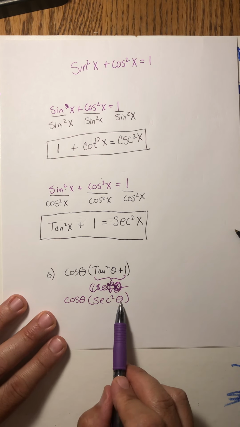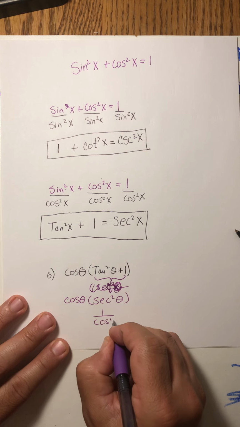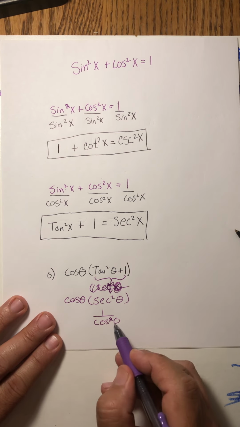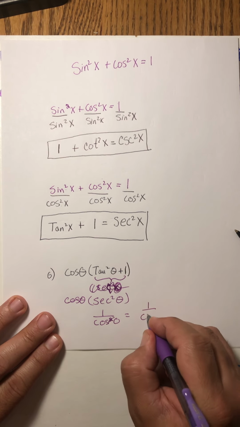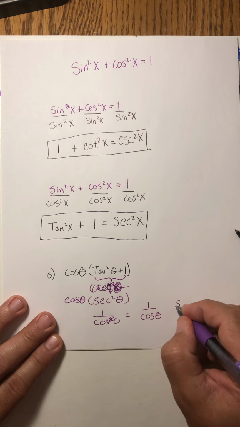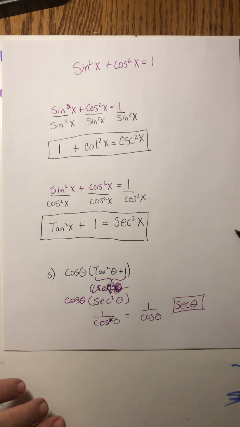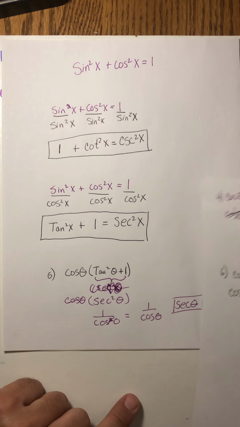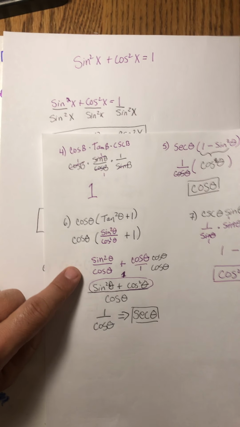And then secant of theta, you named it, is 1 over the cosine squared of theta. And then those can cancel. So we have 1 over the cosine of theta, which is secant theta. Okay, so we did this question in a lot less steps than before.